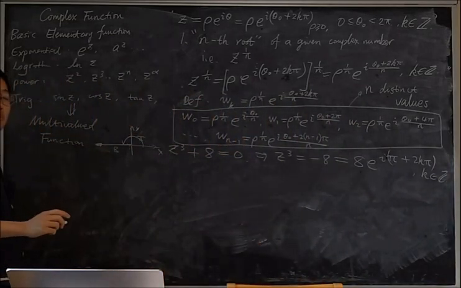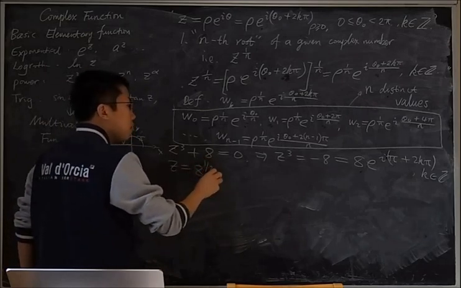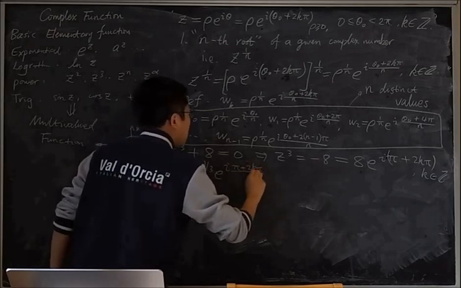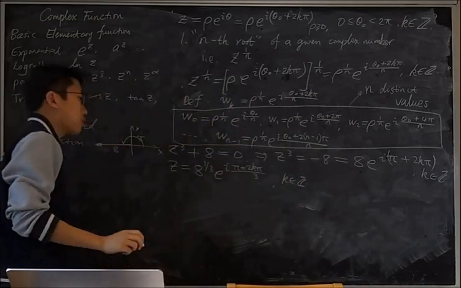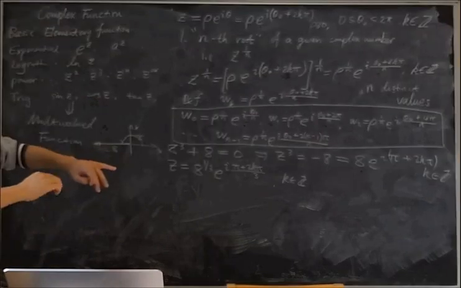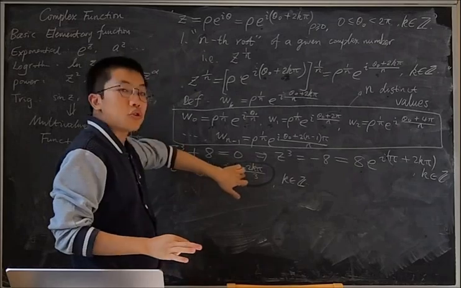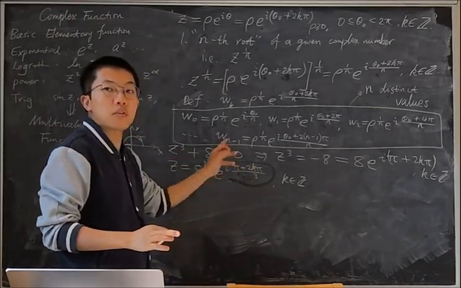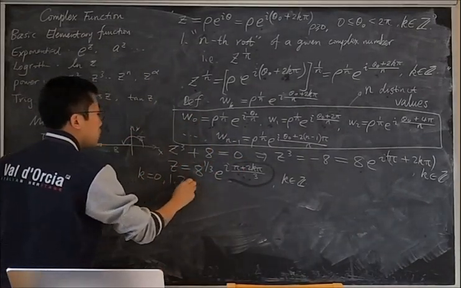Then I take the cube root. z is actually 8 to the power of 1/3 times e to the i of pi plus 2k pi divided by 3. k could be any integer, but we have mentioned that there's a period here. The whole period of the angle, the argument, is 2 pi. So when I say 2k pi over 3, there is a period of 3 in terms of k. So I only need to care about when k equals 0, 1, and 2.